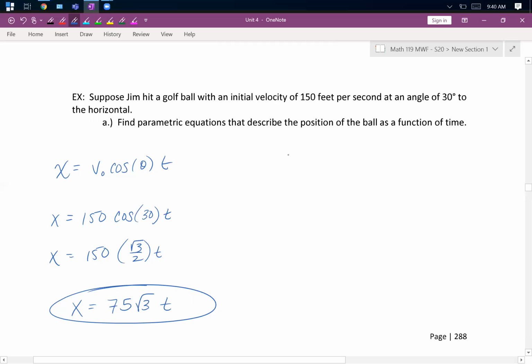All right, so then for y, that's the more complicated formula. Negative 1/2 gt squared plus v sub 0 sine of theta times t plus h. Since they told us that our velocity was feet per second, we know that we're in US units. So when we plug in for g, we're going to be using 32.